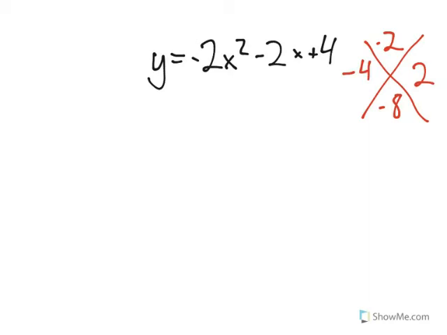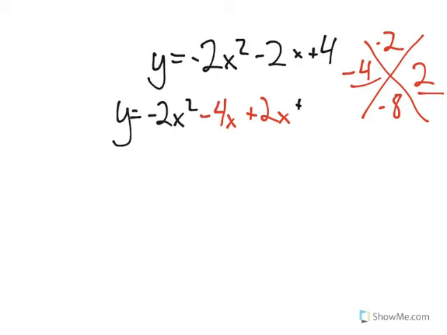So now that I have those numbers, what I'm going to do is rewrite the equation by replacing the middle term, the -2x, with a -4x and a +2x. And that comes from these numbers over here that we found on the side. And then all I do is I look at the first pair and the second pair together.